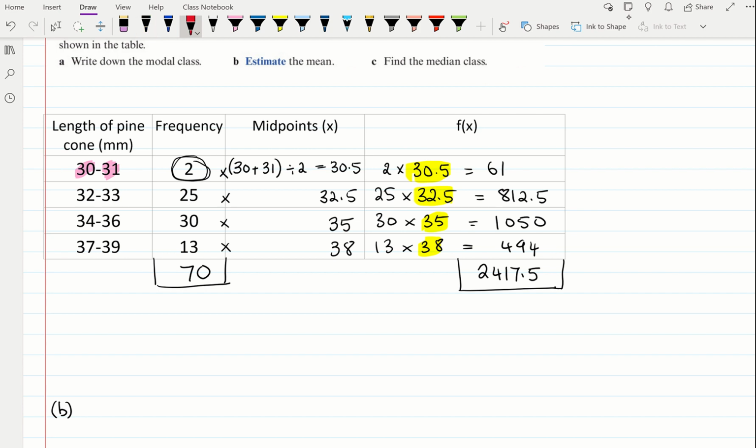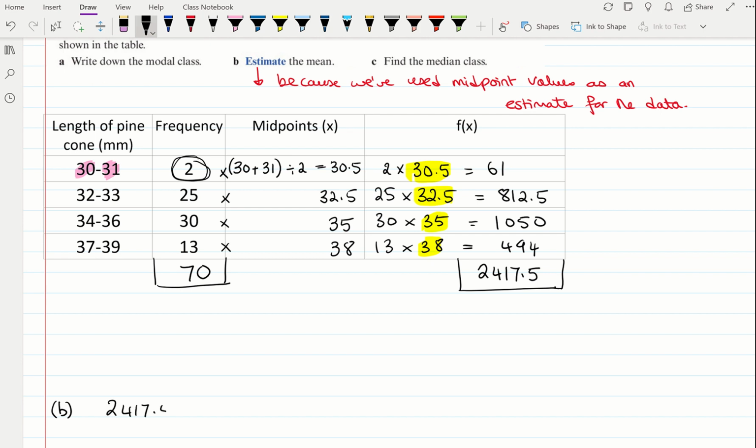It's an estimate because we've used midpoint values as an estimate for the data. Because we don't know what the data is, because it's grouped data. So that's going to be 2417.5 divided by 70. And that is 34.5 to 1 decimal place.